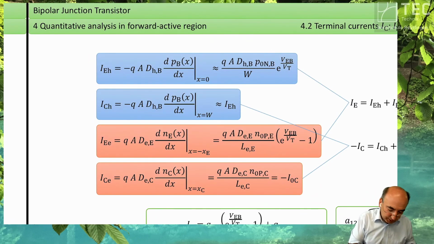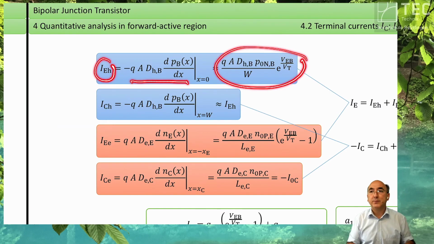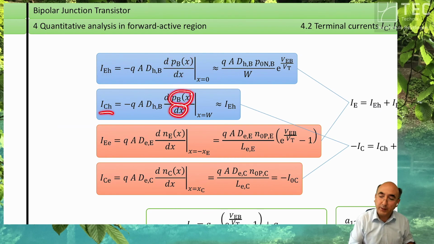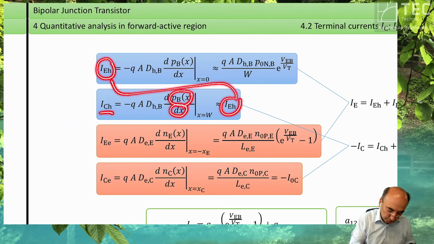So if we take this equation, we get this part. So let's put together some Lego puzzle parts, okay? So from the first derivative of the concentration, we got this current. From the first derivative of this concentration, we get this current. And this is almost equal to this current.